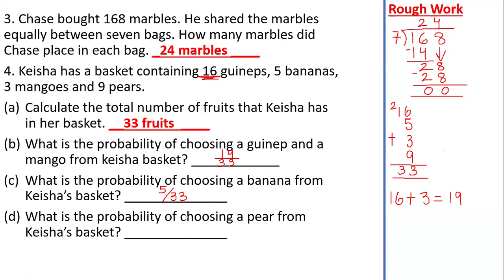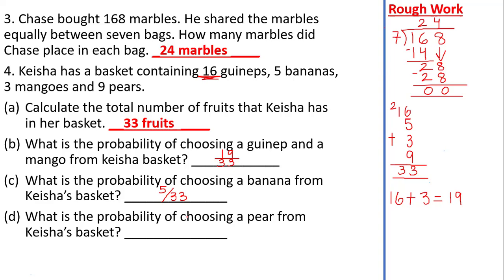So that's why we have 5 over 33, because it's 5 bananas, and in total there are 33 fruits altogether. Does that make sense? Class, do the rest of y'all understand that? Let me know, please.